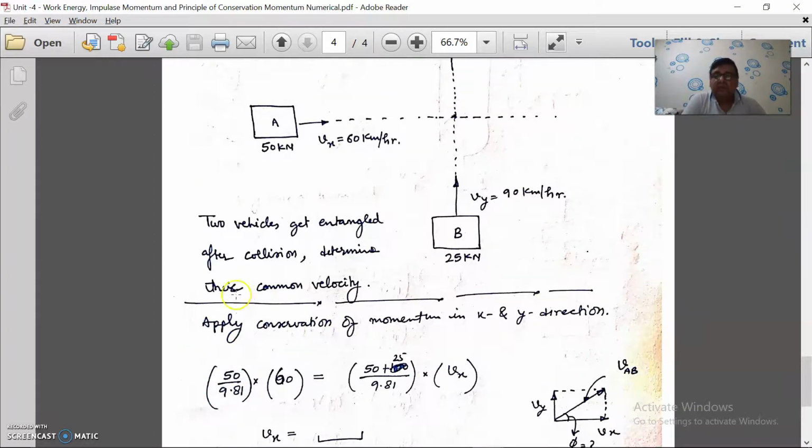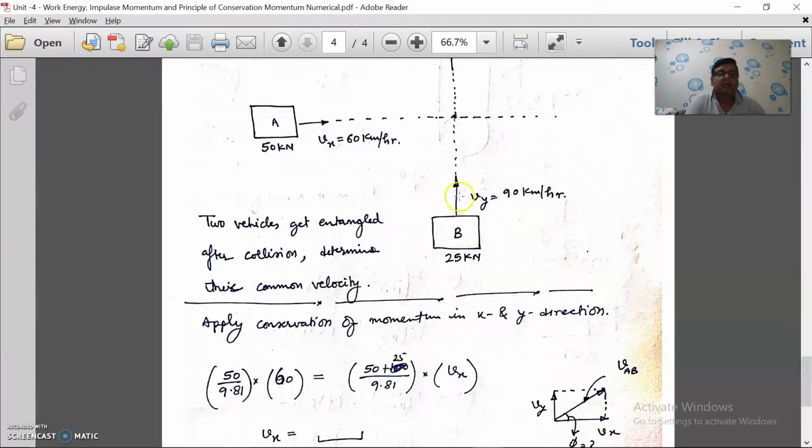See, for this block, momentum along the x-axis is 50 divided by 9.81, multiplied by 60 km per hour. That's all. And what is the initial momentum for this block along the x-axis? It is 0, because it has velocity only along the y-axis.